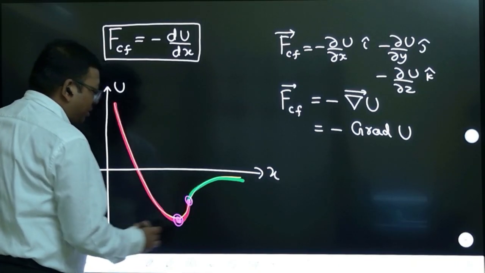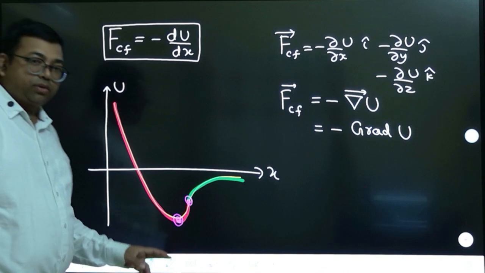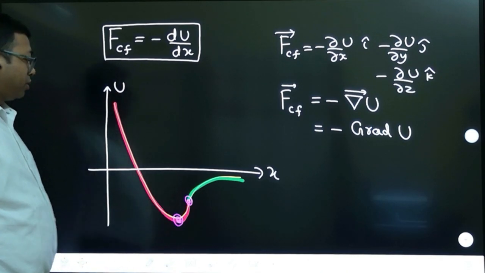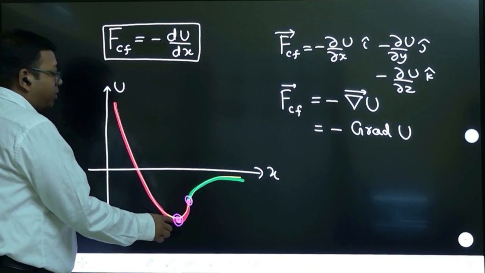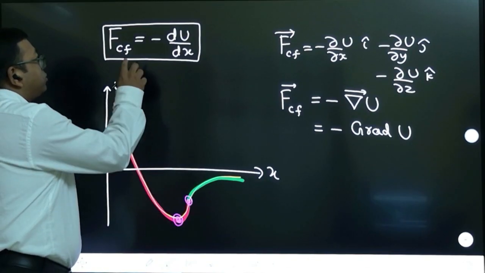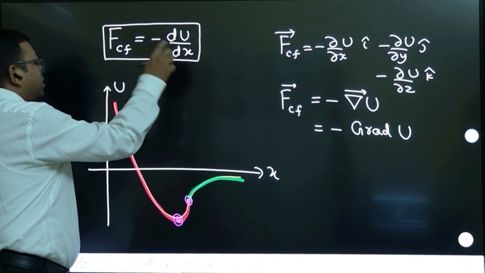Minima means slope is 0, so du by dx is 0. If slope is 0 here, then force will be 0 because dU/dx becomes 0.